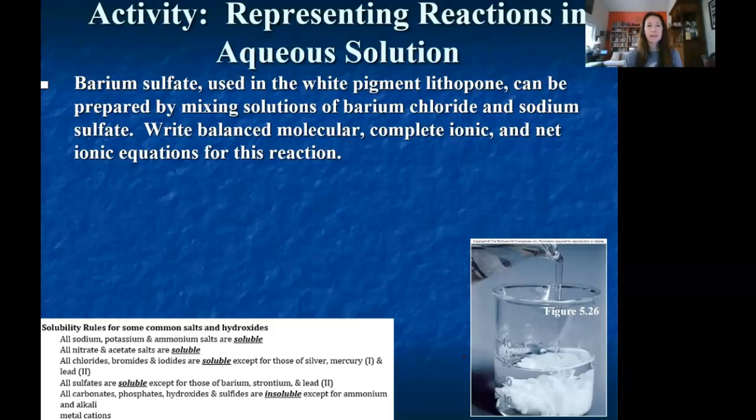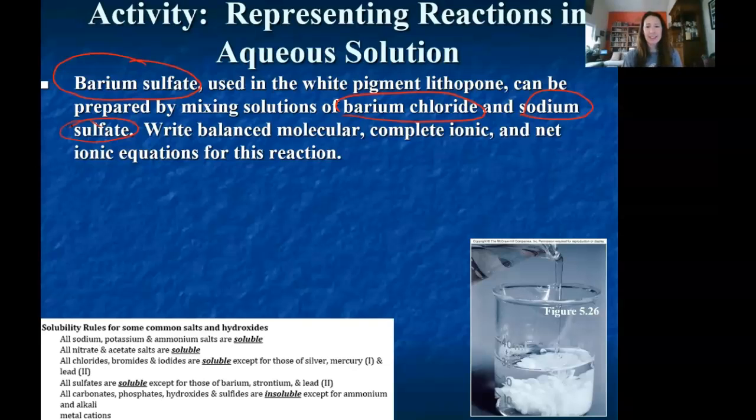Okay, so what are our reactants? So let's look here. They said we've got barium sulfate, barium chloride, and sodium sulfate. Okay. Any ideas?